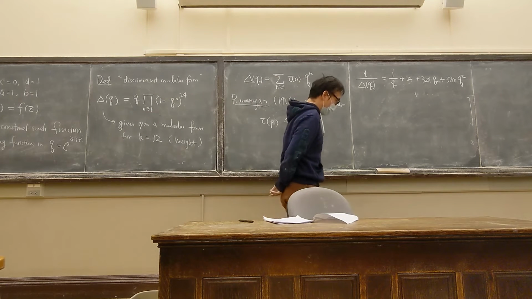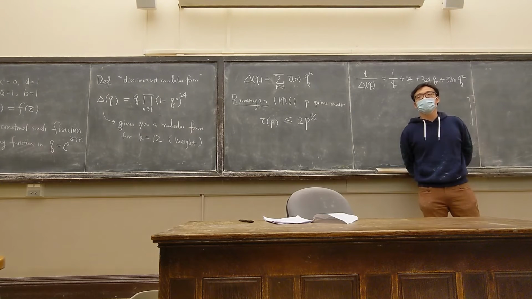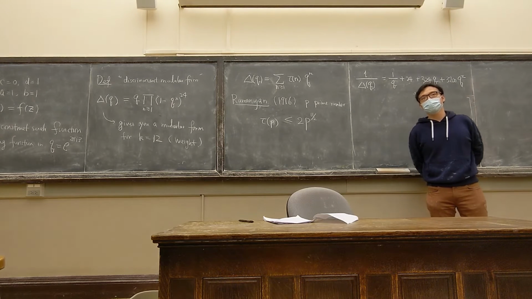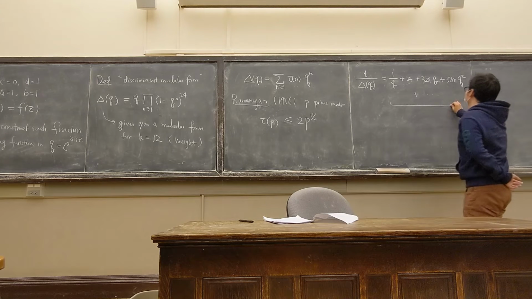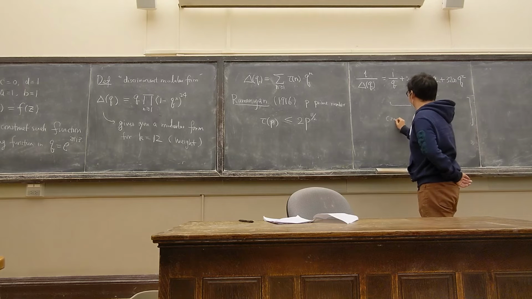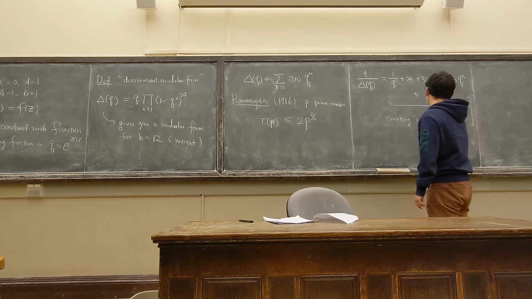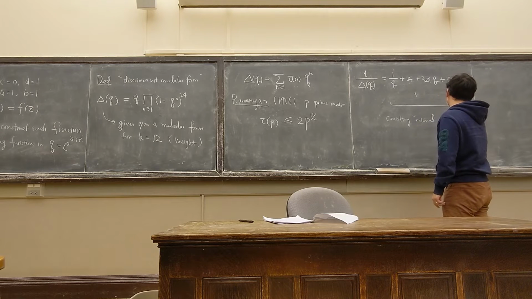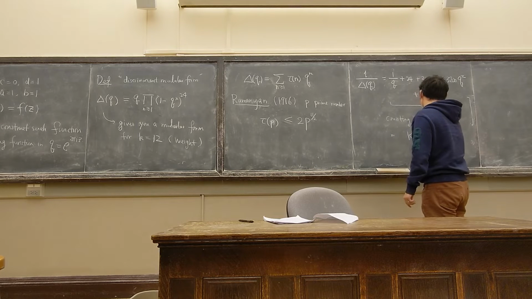This was actually predicted by physicists due to their considerations in string theory. So today I will explain that this expansion is related to counting so-called rational curves in so-called K3 surfaces.